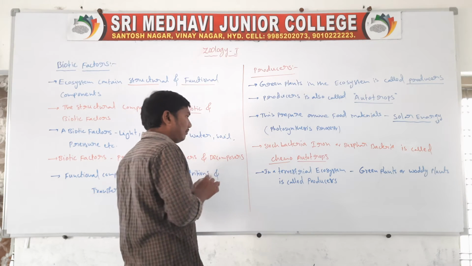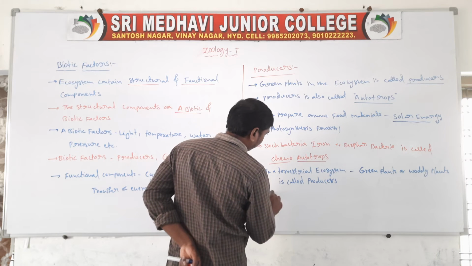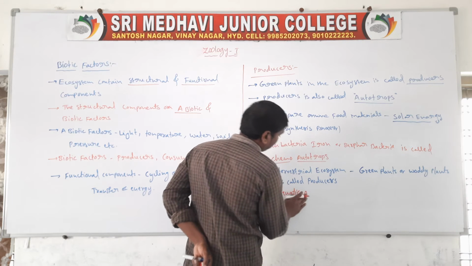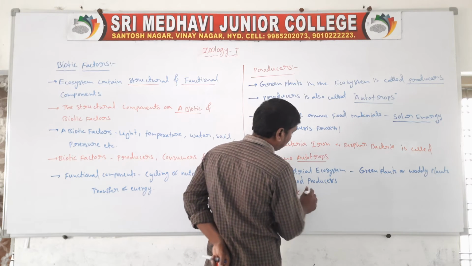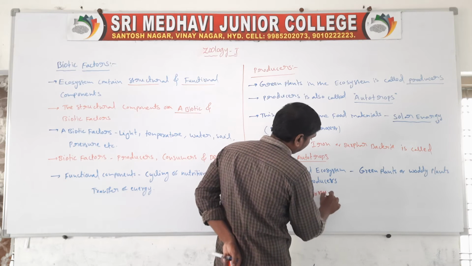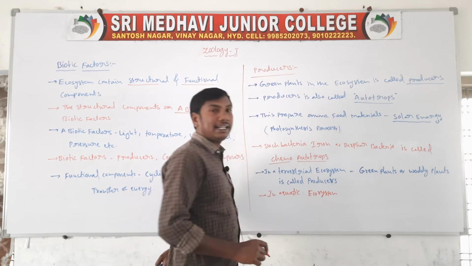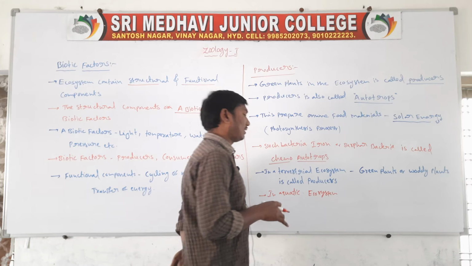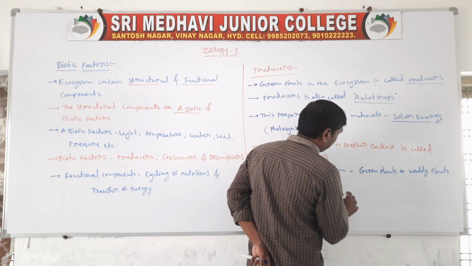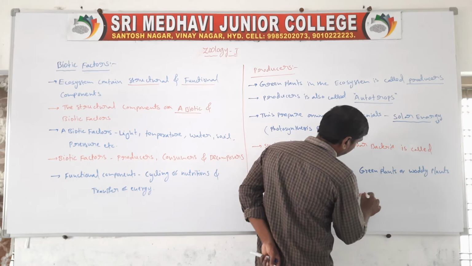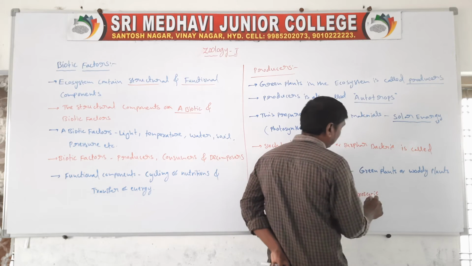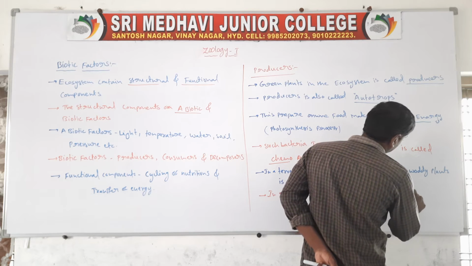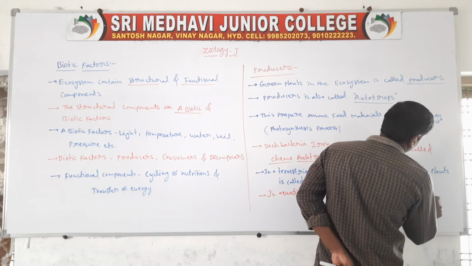In an aquatic ecosystem, the microorganisms are phytoplanktons or zooplanktons. Microscopic phytoplanktons are algae.